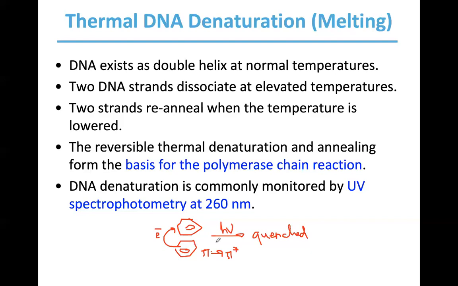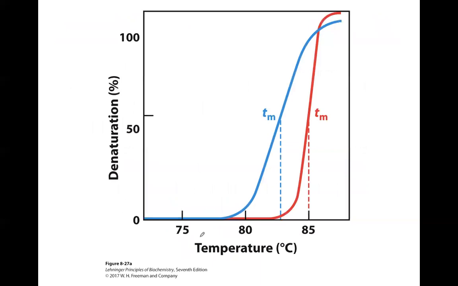So when you separate, when you break the base stacking, then the absorbance increases significantly, and you can see here. So this is what's known as a melting temperature.